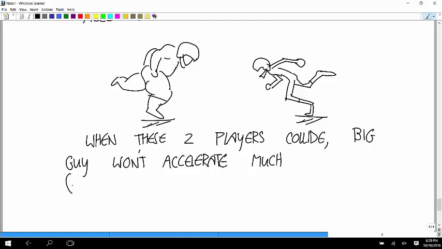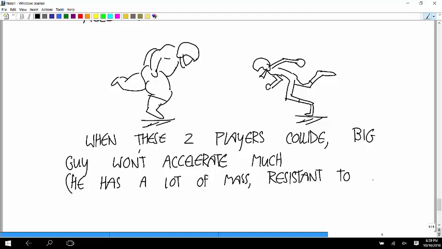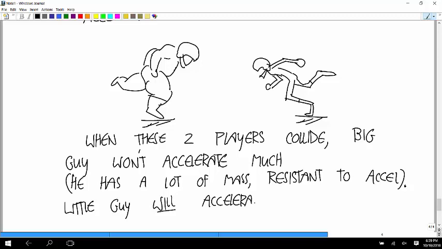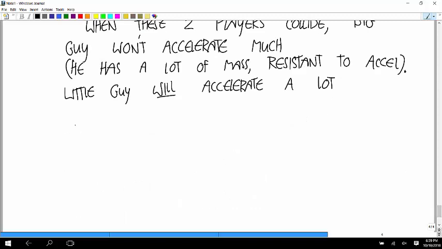And that's because he has a lot of mass, and therefore he's more resistant to acceleration. The little guy will accelerate a lot, because he has a lot less mass.